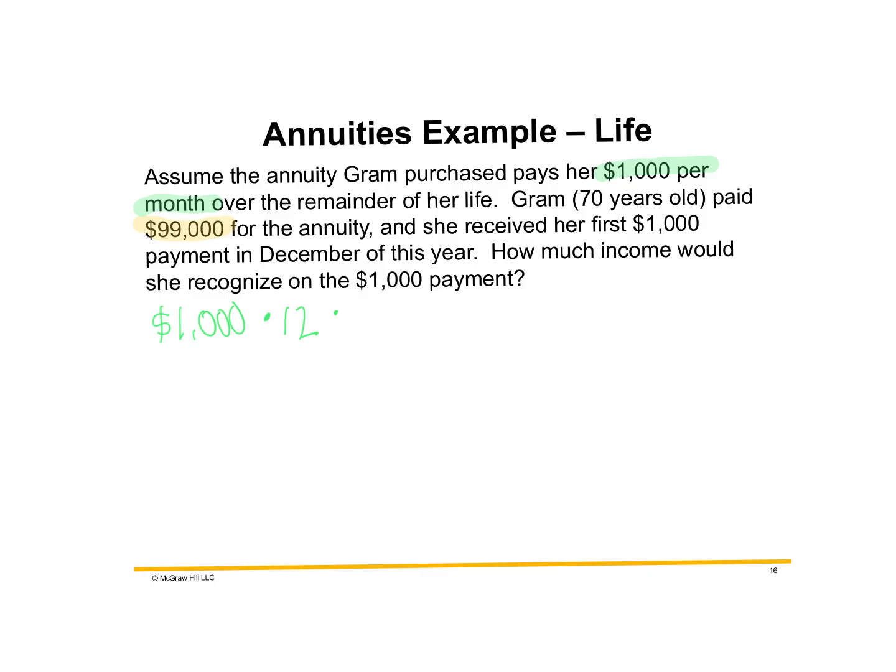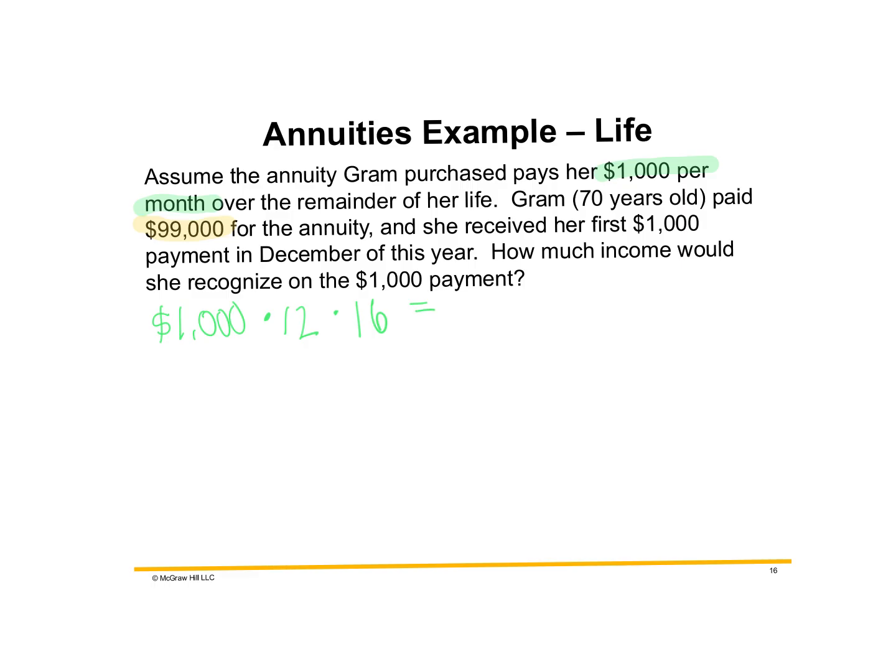So in the problem, it told us that Graham is 70 years old. And so if we look at the table in the age at annuity starting date column, if we find 70 and then we look to the right, we can see that our expected return multiple is 16. So 16.